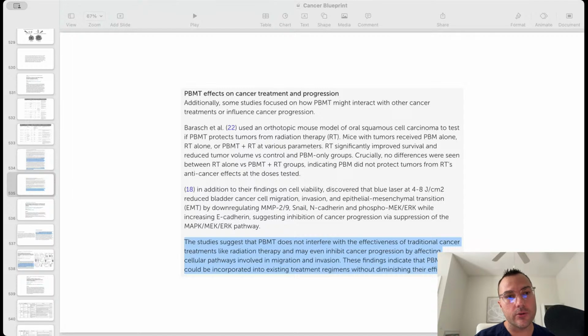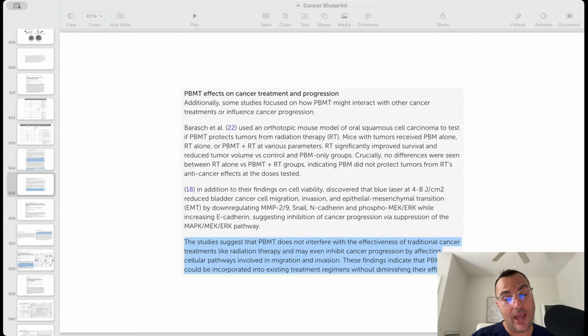But who knows what other wavelengths within the red and infrared spectrum also have efficacy to a greater degree, or even other wavelengths. In some of the studies, they were using blue light. Blue light we generally demonize as being bad, but why is it potentially bad? Because if we're under only blue light spectrums, we're inhibiting our melatonin.